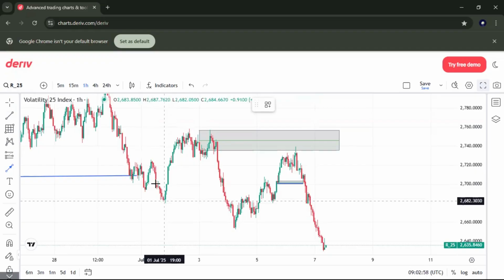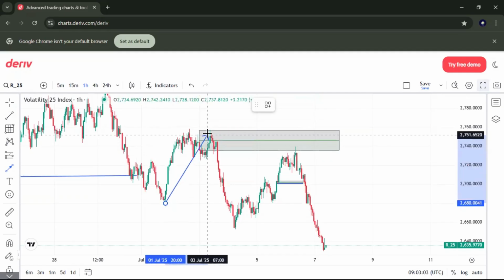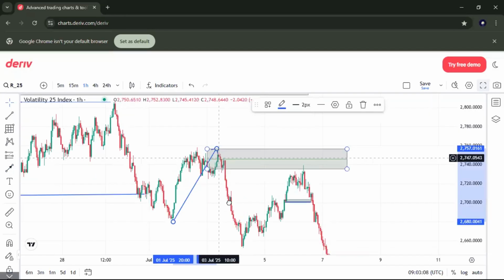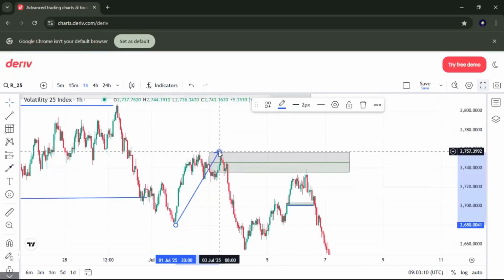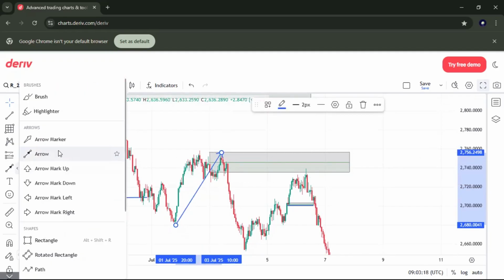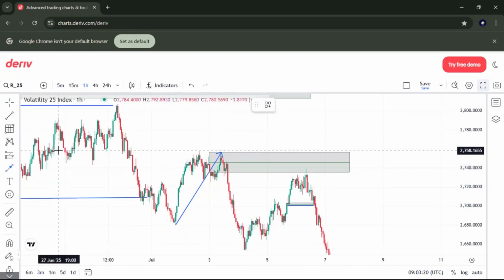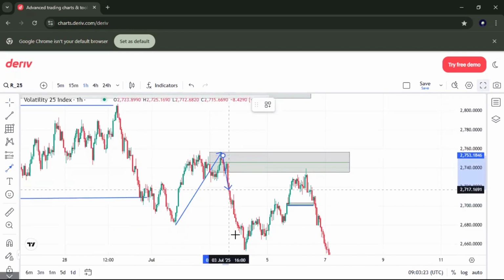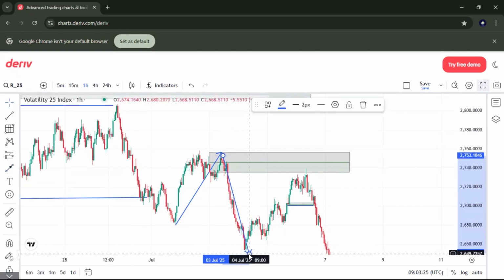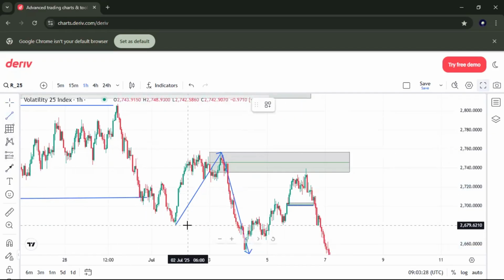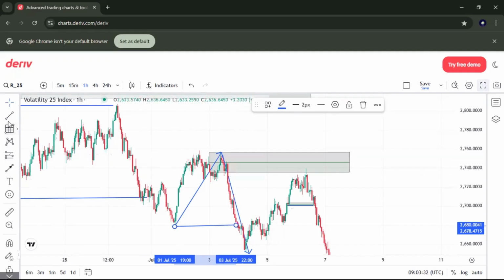You expect the price to do a retracement into a specific zone of the extended form, then extend downward, causing a break of structure here.